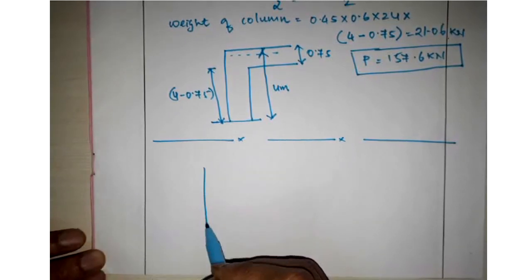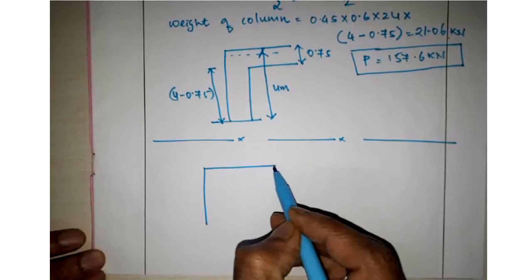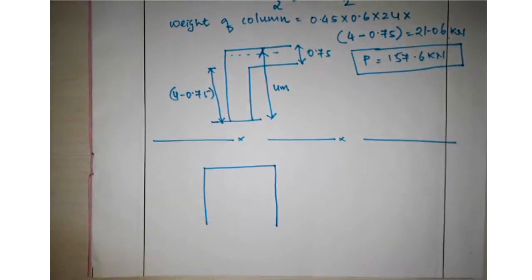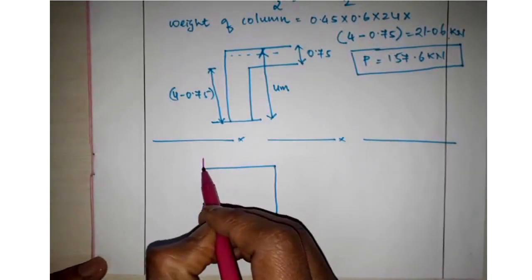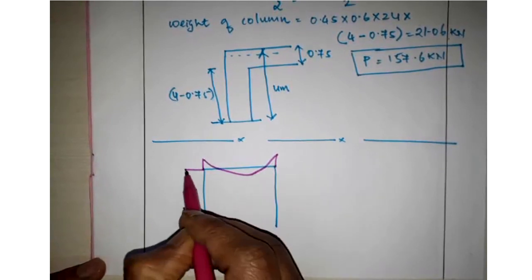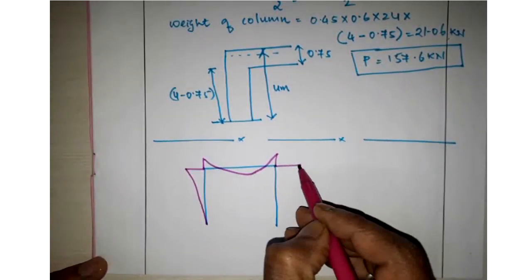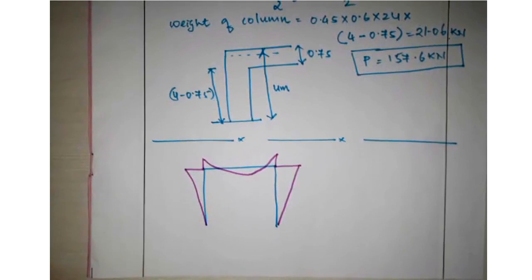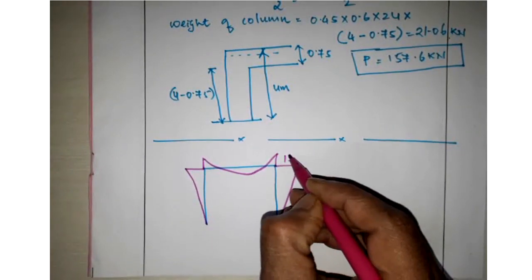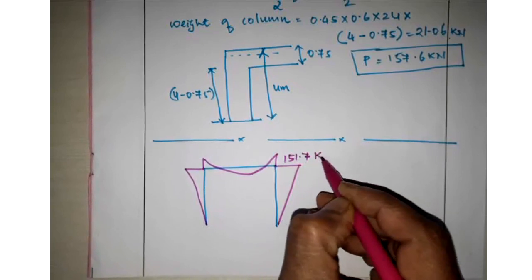If you see the moment diagram, we have got the moment like this in the frame, and the moment here at the joint we got as 151.7 kilonewton meter.